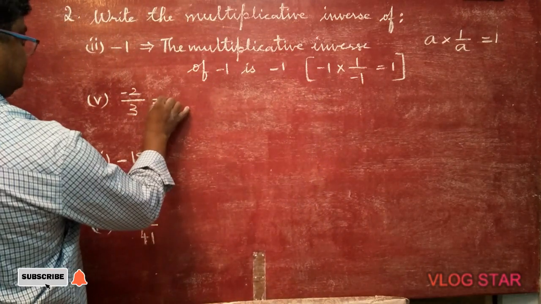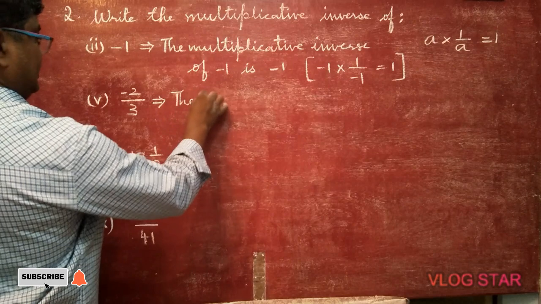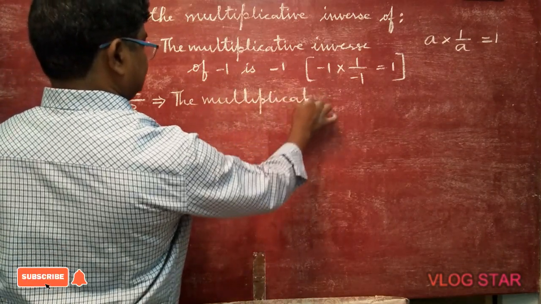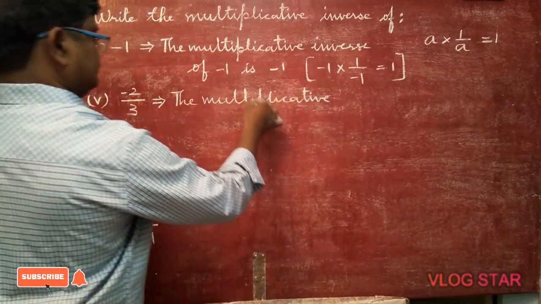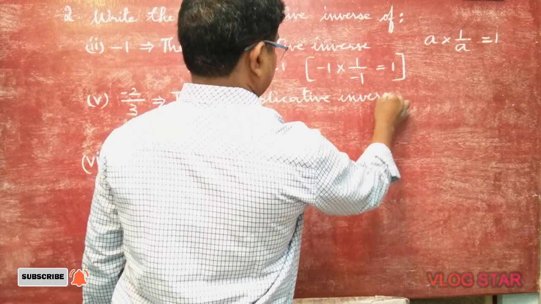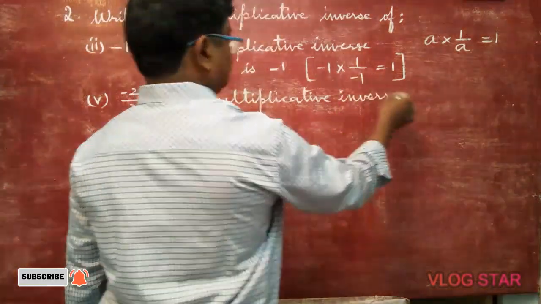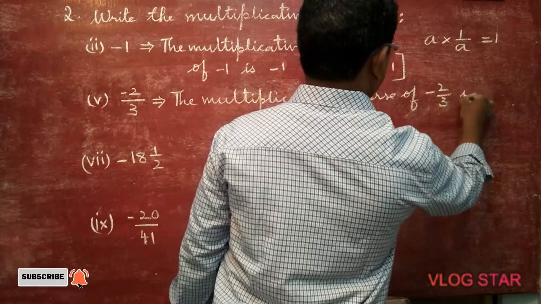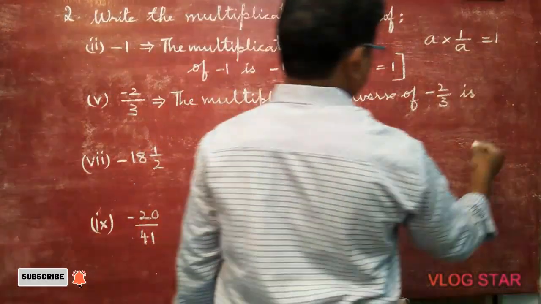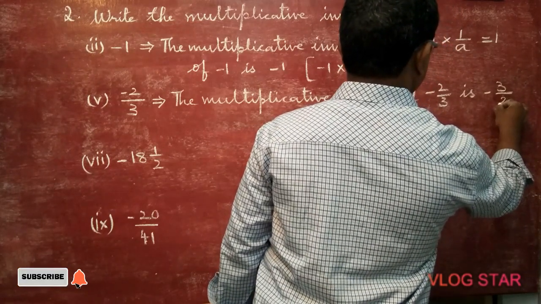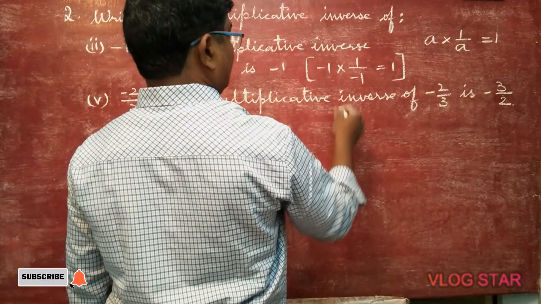Next here, the multiplicative inverse of minus 2 by 3 is minus 3 by 2. How?